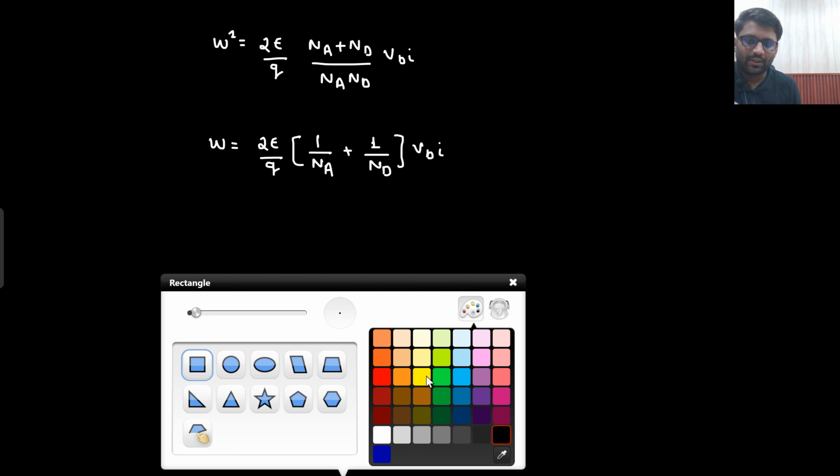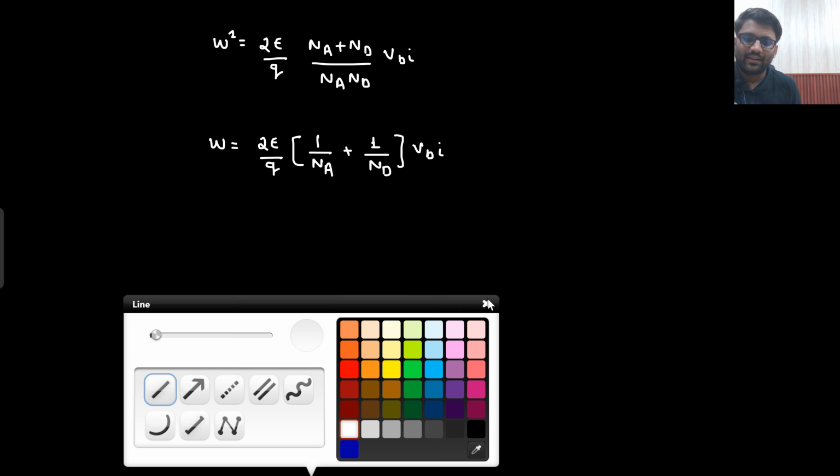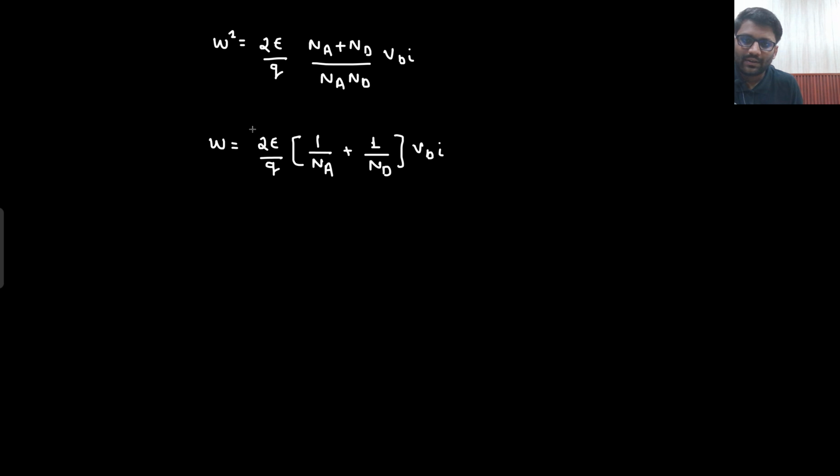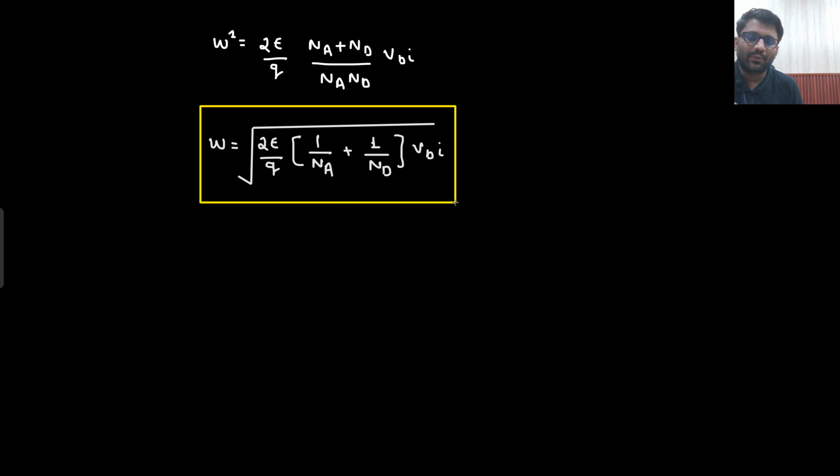Okay, so this formula you will remember. Sorry, under root I forgot. Under root will also come, no? Under root 2 epsilon by q into 1 upon Na plus 1 upon Nd into v built in. So this formula you will always remember.